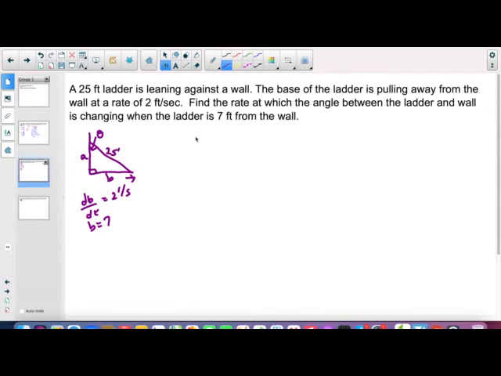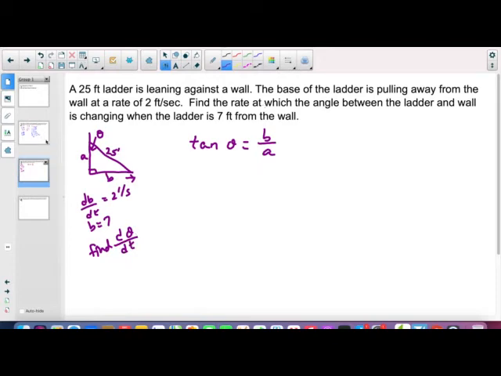So I'm going to be talking about tangent of theta being equal to the opposite, or B, over the adjacent, A. And if I'm trying to find the change in this angle, aren't they asking us to find d theta over dt, so the change in the angle over time?